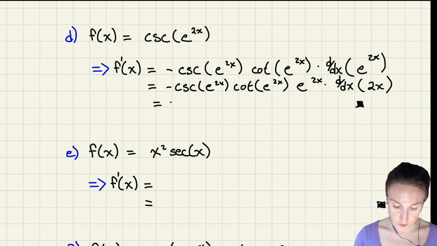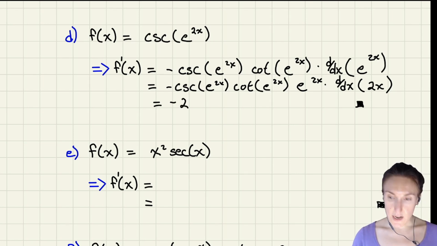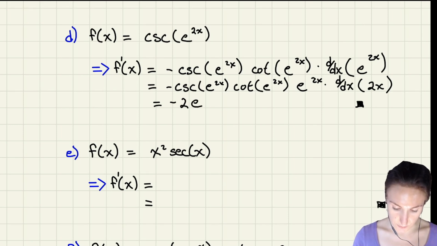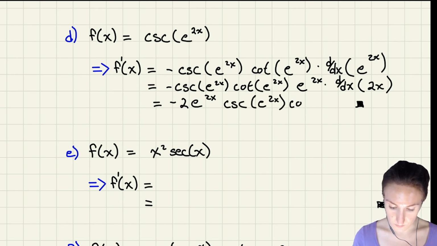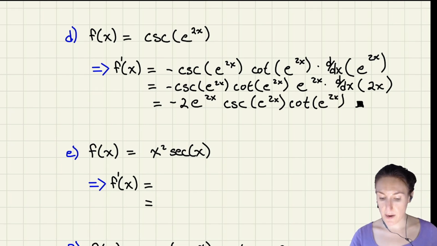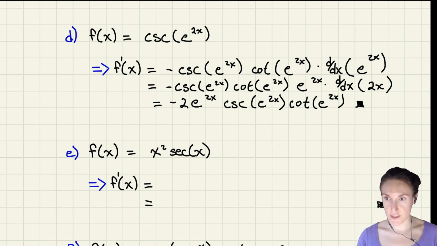So I'll bring that 2 up to the front because all these terms are being multiplied together. And I'm also going to bring this e up to the front. Again, I prefer to bring those things up to the front. It's just easier for me to read. You don't have to. So we end up getting negative 2 e to the power of 2x, cosecant e to the 2x, and then cotangent e to the 2x.